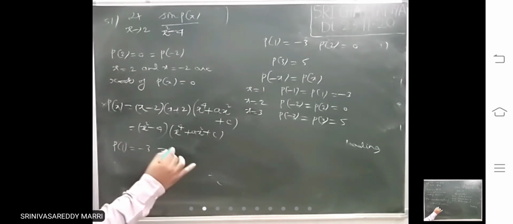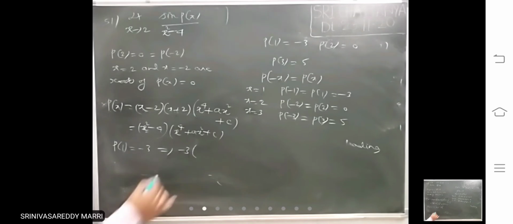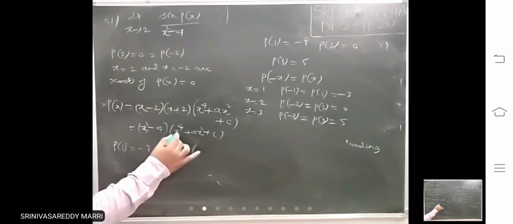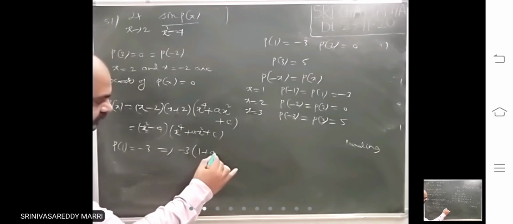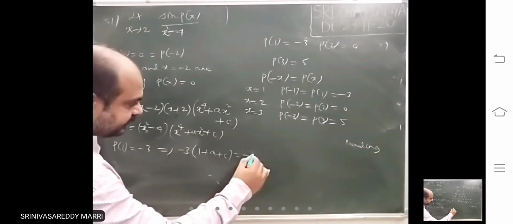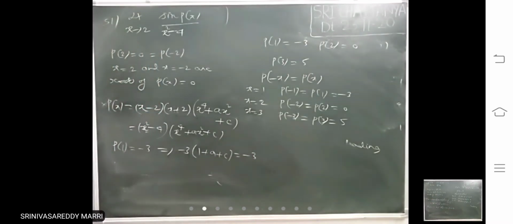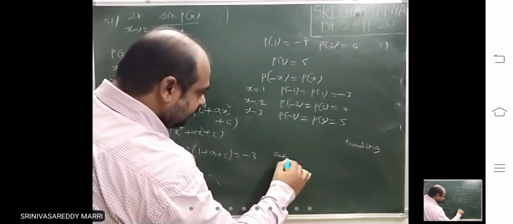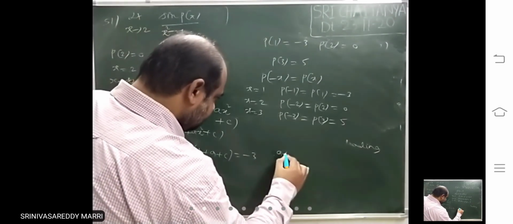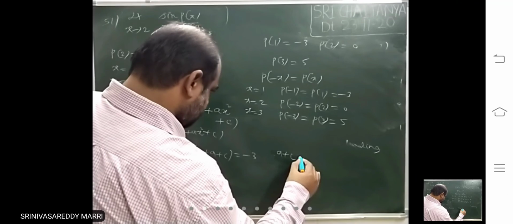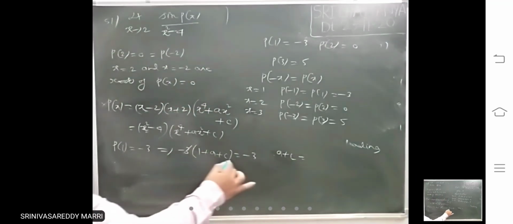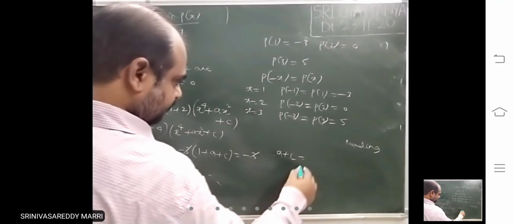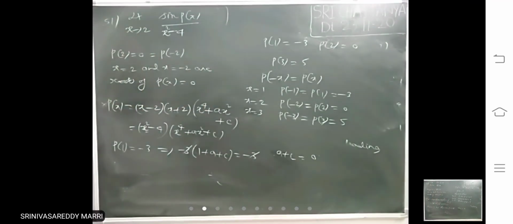That implies 1 minus 4 is minus 3, into 1 plus a plus c, equal to minus 3. So a plus c equal to 0.